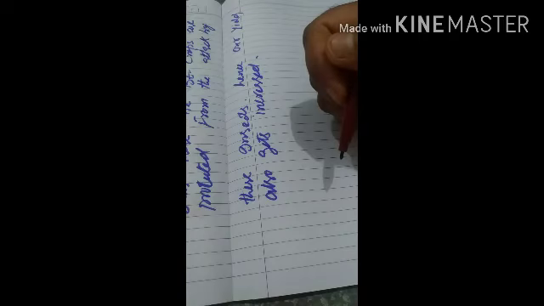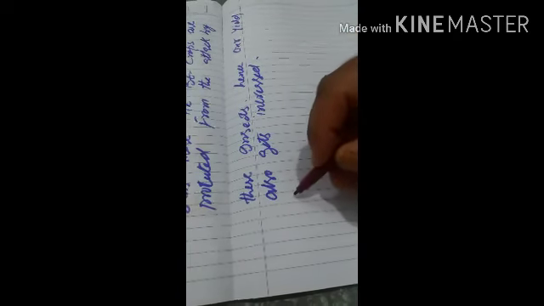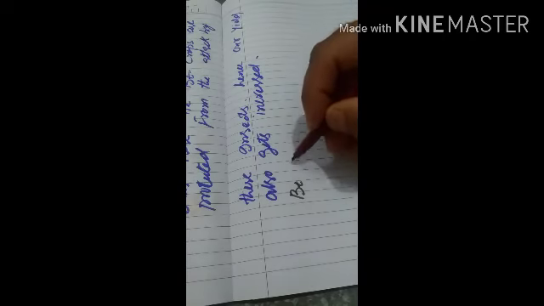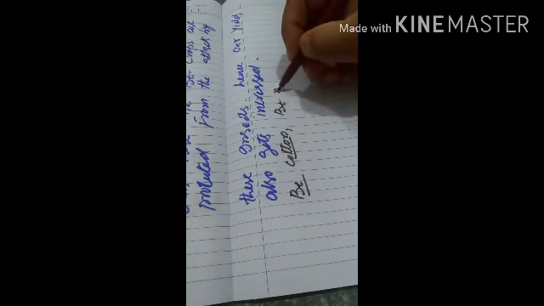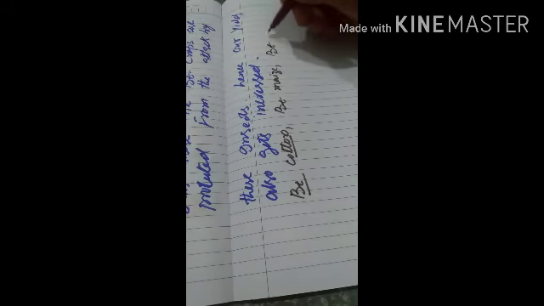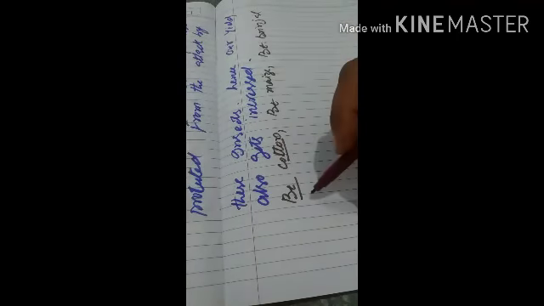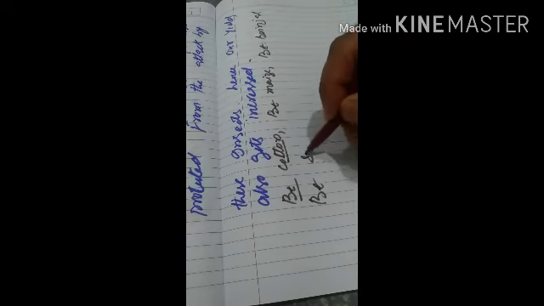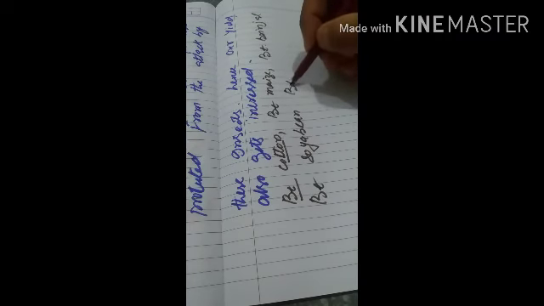There are a large number of examples of Bt crops. I can mention a few here: Bt cotton, Bt maize, Bt brinjal, Bt soybean, Bt rice.